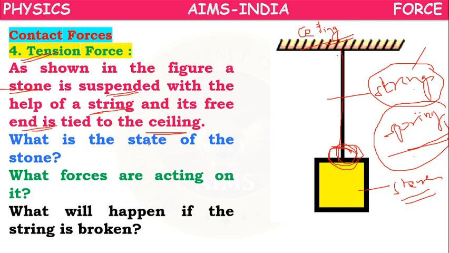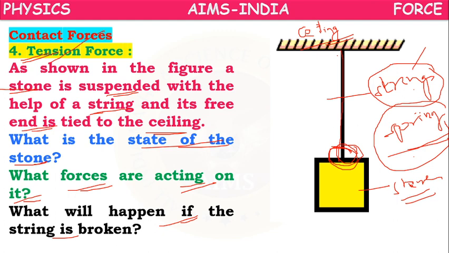Now the question is, what is the state of the stone here, or what forces are acting on the stone, or what will happen if the string is broken? If we try to know the answers of all these questions, then we can understand what is a tension force.